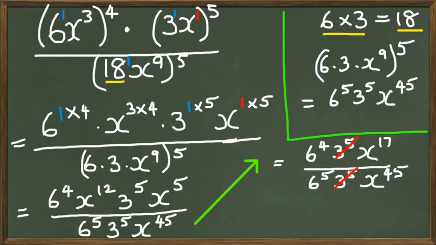And with 6 to the power of 4 divided by 6 to the power of 5, you're simply going to have a 6 in the denominator, and x to the power of 17 minus 45, you are going to have x to the power of 28. And so that's the final answer.